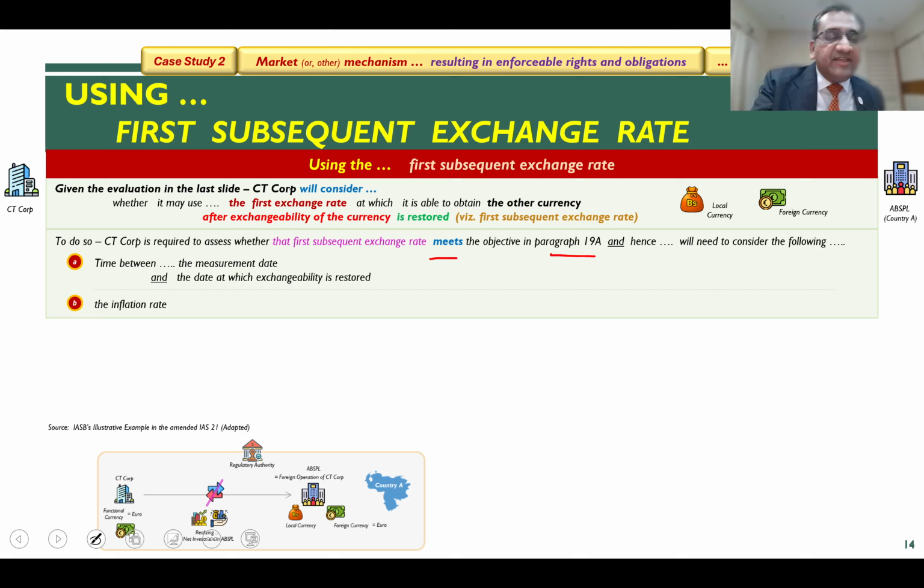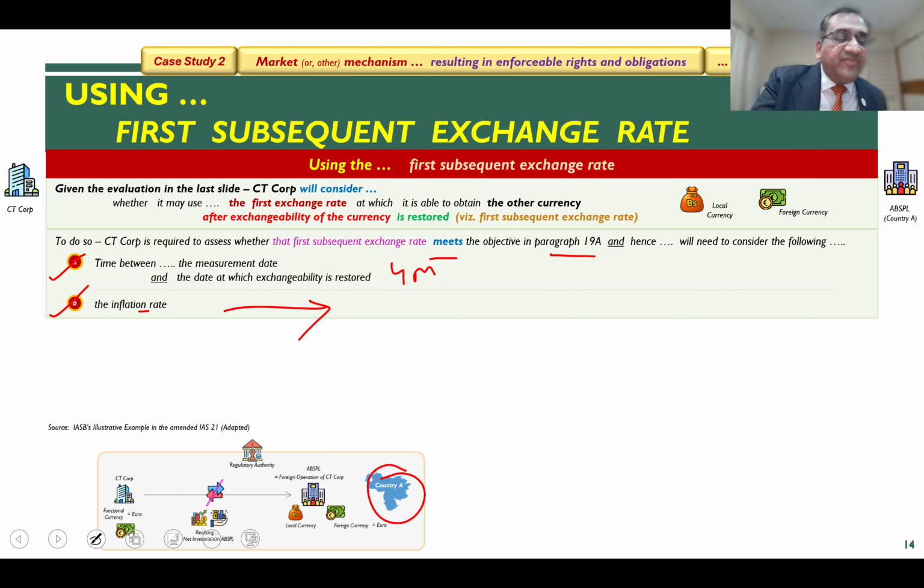Now clearly, these two factors which we already saw in the previous slide need to be evaluated. What is the time between the measurement date and the date when exchangeability is restored? In our case, it is 4 months. And the inflation rate is very excessive, because the economy, country A, is characterized by hyperinflation.